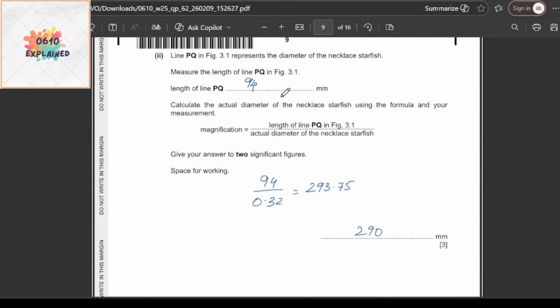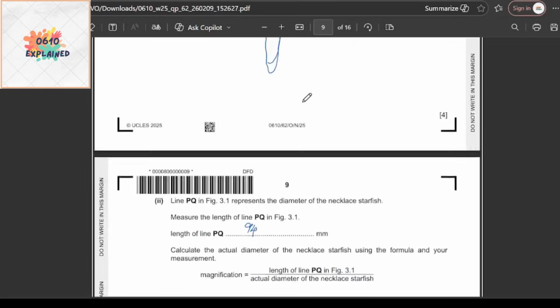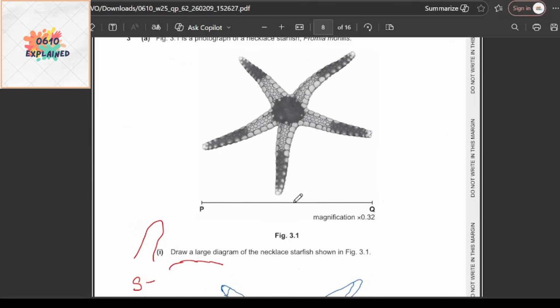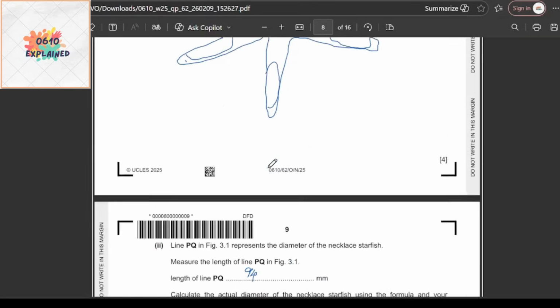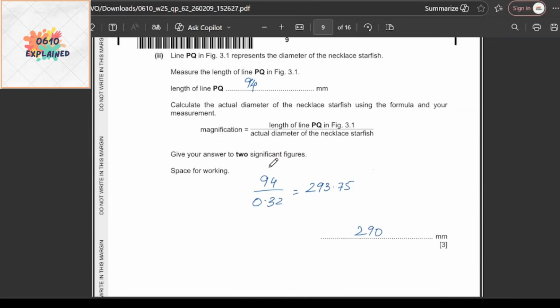Measure the length of line PQ in figure 3.1. So this was the line that we were supposed to measure, which was approximately 94 millimeters for me. They have asked you to find the actual diameter of the necklace starfish using the formula and give your answer in two significant figures.